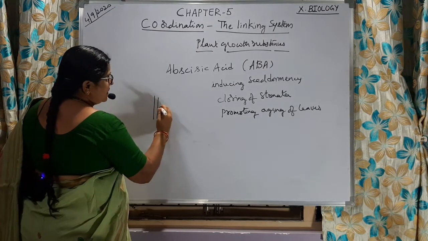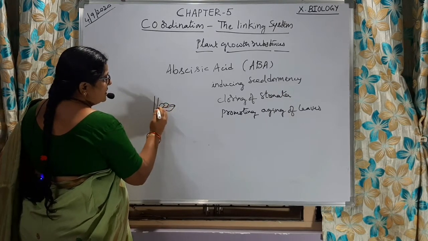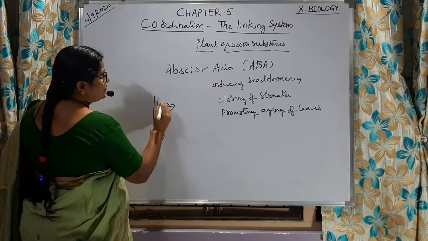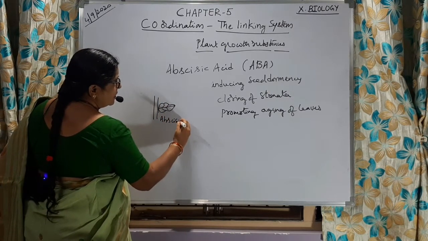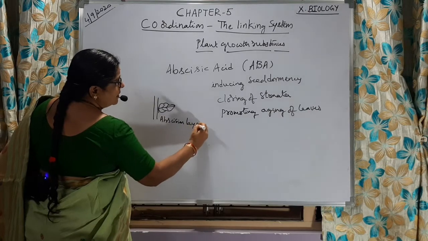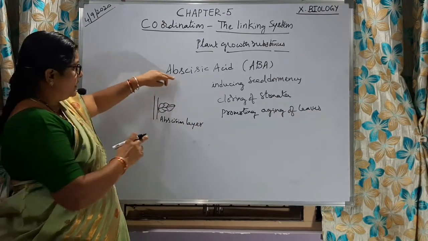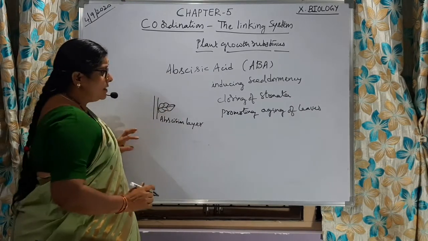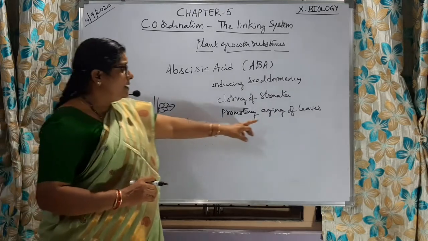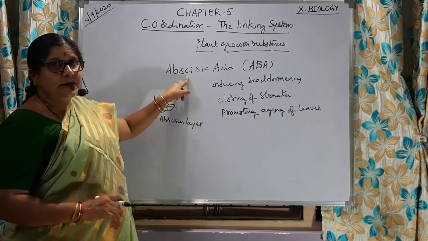If we observe the leaf, a layer is formed which we call the abscission layer. Abscission layer is formed because of abscisic acid that is released, and in adverse conditions the leaves are falling. So aging of leaves is because of abscisic acid.